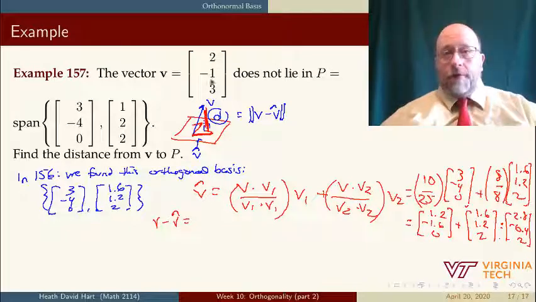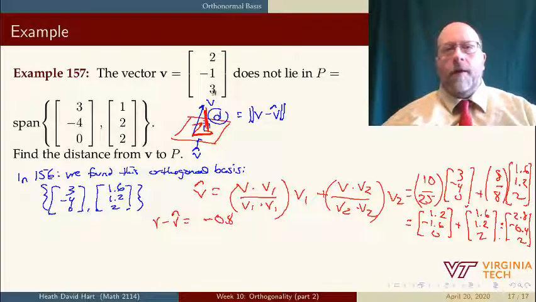So 2 minus 2.8 is negative 0.8. Negative 1 minus negative 0.4 is negative 0.6. And 3 minus 2 is 1.